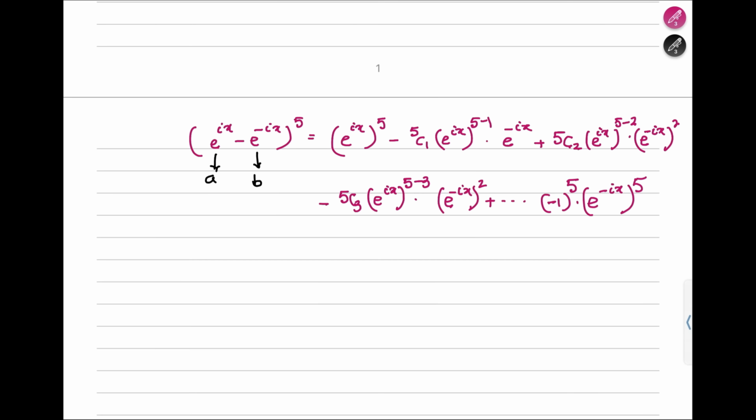When you simplify and find out, what will be its value?